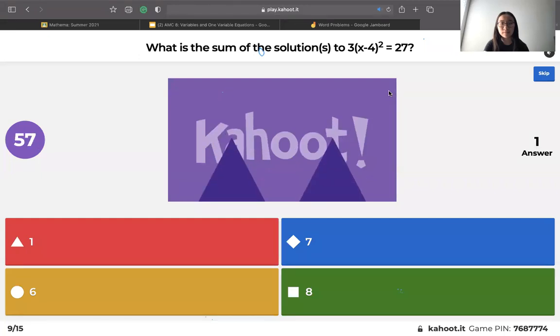Oh, this one isn't even linear. So I'm gonna look through the rest of the Kahoot and see if we should just skip the whole thing. If you know how to square root stuff, this one's not that bad. Okay, yeah, so the rest of these have 2 variables instead of 1.